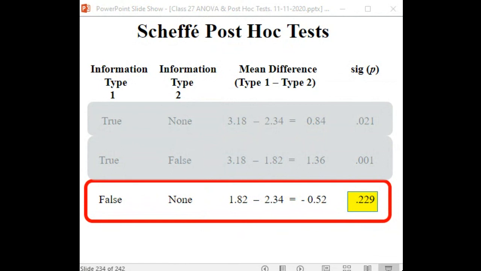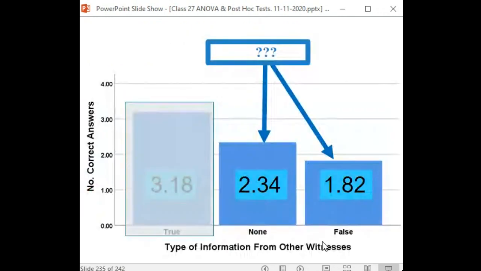So since it's greater than 0.05, the difference between the two means is not statistically significant. In other words, the means of these two groups are not significantly different. So that means that the students given false information did not give significantly fewer correct answers than the students given no information.